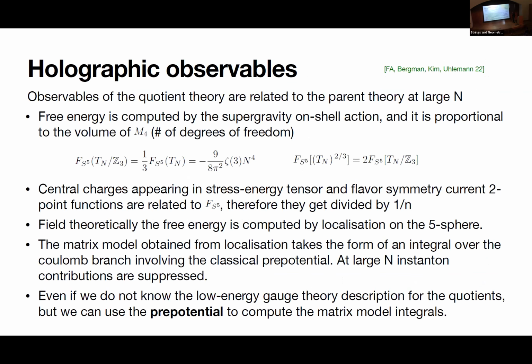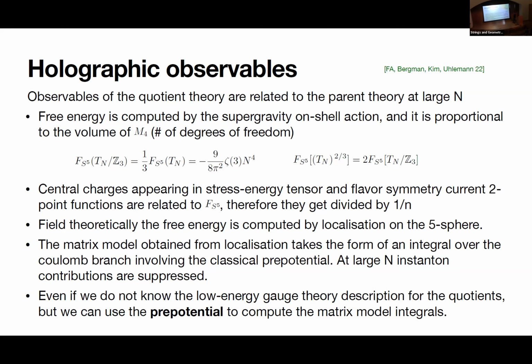Good. Okay, let's go over some observables which we can compute by using these solutions. So observables of the quotient theory are related to observables of the parent theory at large N. So in this case, you can compute holographic observables, and the first holographic observable that is usually computed is the free energy.